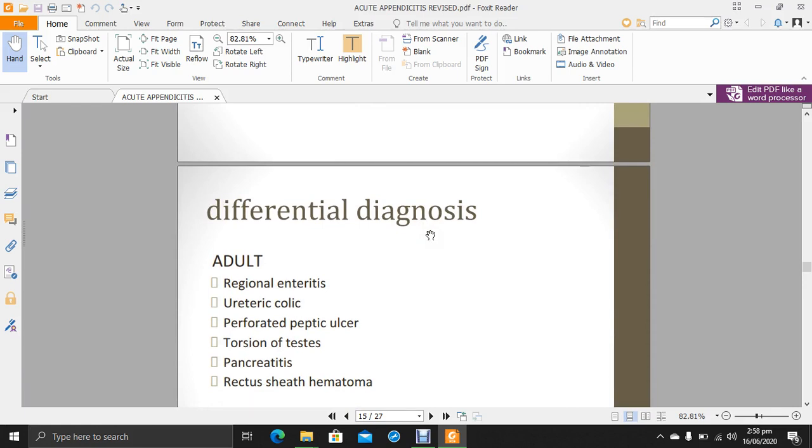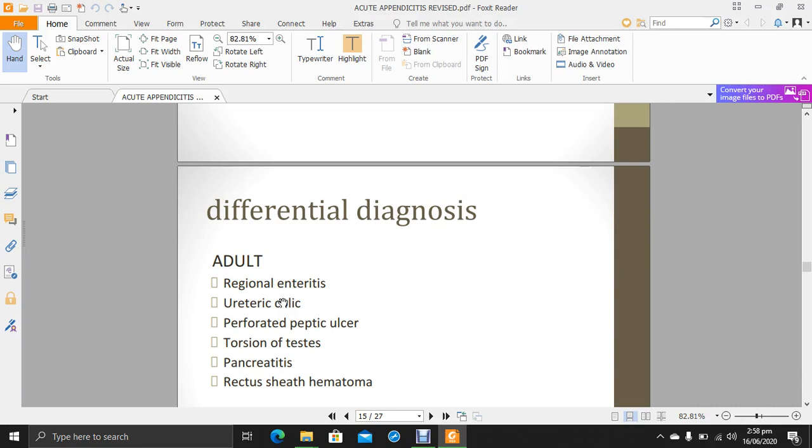Now the differential diagnosis in adults: regional enteritis, ureteric colic. Remember this. In acute appendicitis, the patient would guard the muscle if you exert pressure in the right iliac fossa, but the differentiating point between ureteric colic and acute appendicitis is that the patient would preferably exert pressure in the right lumbar region.